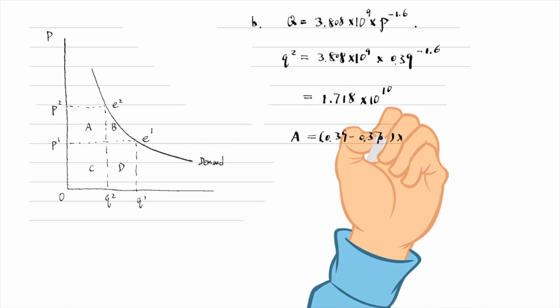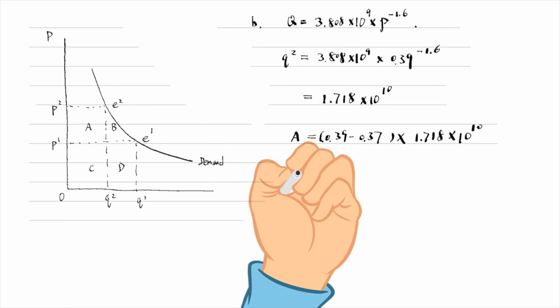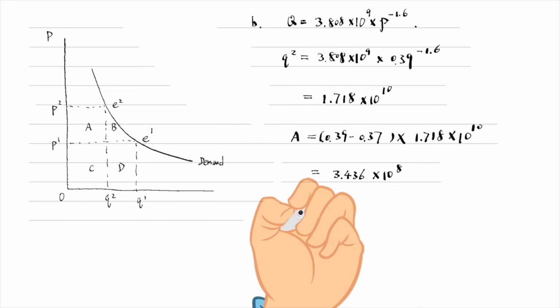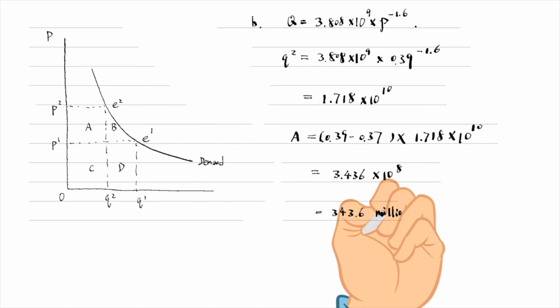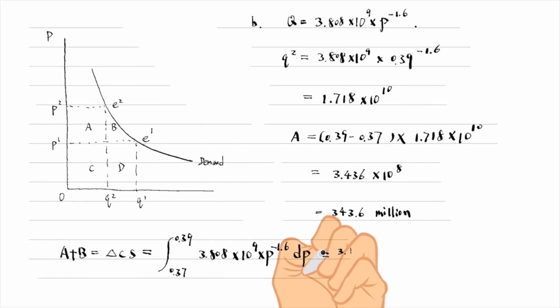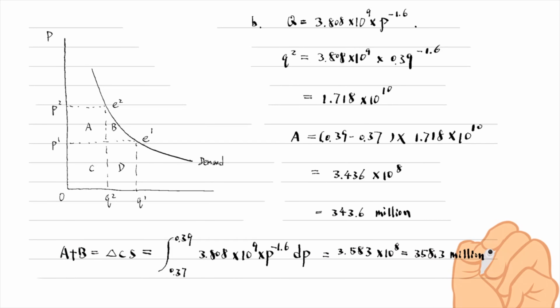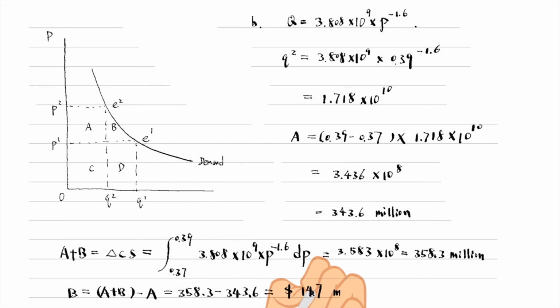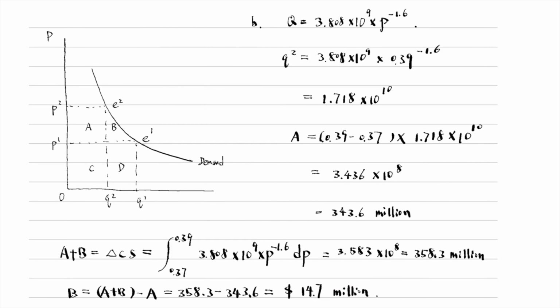Then we calculate the area of A. Second, we integrate from P1 to P2 to the demand curve, which is the area of A plus B. Finally, the area of B is the difference between the above two areas. I use Stata to compute the integral. You can find the Stata commands for it in the description below.